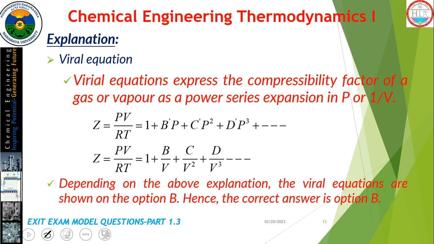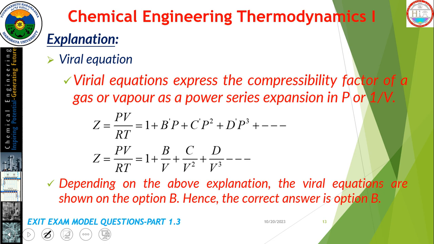Z, which equals PV divided by RT, equals 1 plus B prime pressure plus C prime pressure squared plus D prime pressure cubed and so on. Since this is a power series expansion, the equation continues.